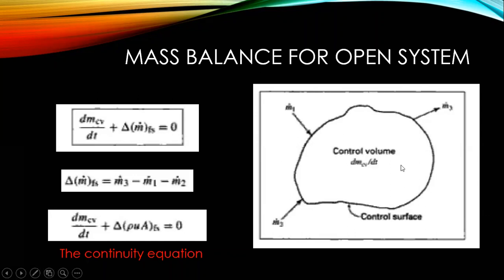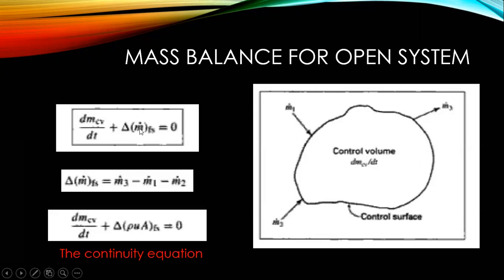Imagine niyo mayroong tangke, tapos may isang lumalabas na flow, tapos meron dalawang pumapasok na flow. So, yung change sa mass ng tangke, sa laman ng tangke, ay equal dun sa relative difference nung lumalabas na flow dun sa pumapasok. So this is our equation.